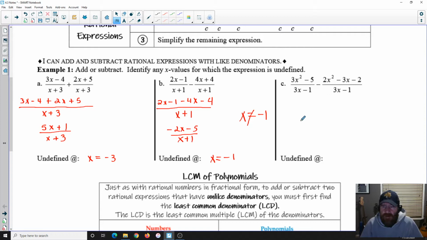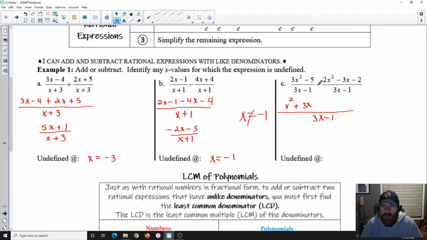All right, next one we have, same deal. We have a common denominator. We're subtracting the fractions, so we're taking this numerator minus this numerator. So 3x squared minus 2x squared would be an x squared. We don't have an x term, so we're subtracting a negative 3x, so we're actually adding 3x.